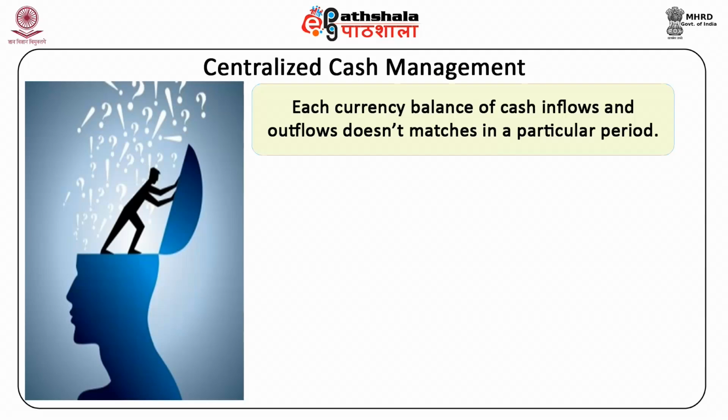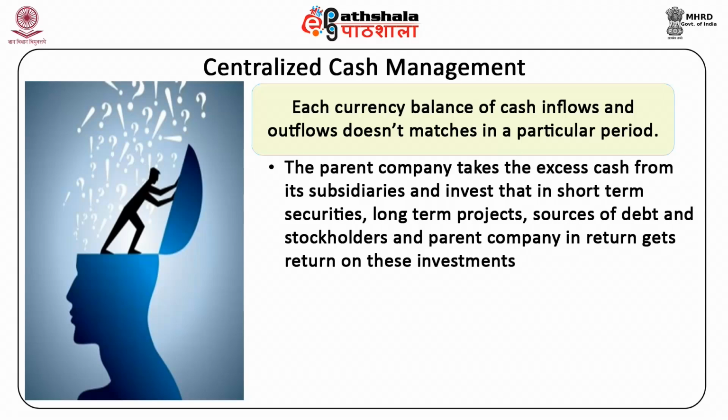In centralized cash management, the parent company takes the excess cash from its subsidiaries and invests it in short-term securities, long-term projects, and sources of debt and stockholders, and the parent company in return gets a return on these investments, which helps the parent company cover the deficiency of cash in a particular subsidiary, and through these investments, the parent company gives interest to those subsidiaries who have given their excess cash to the parent company.